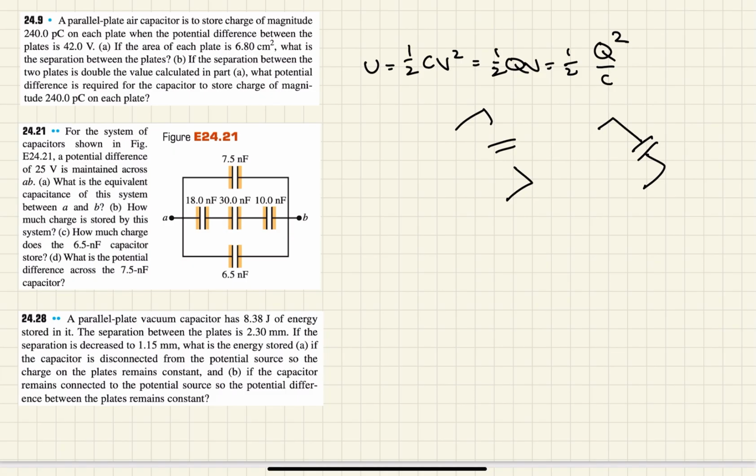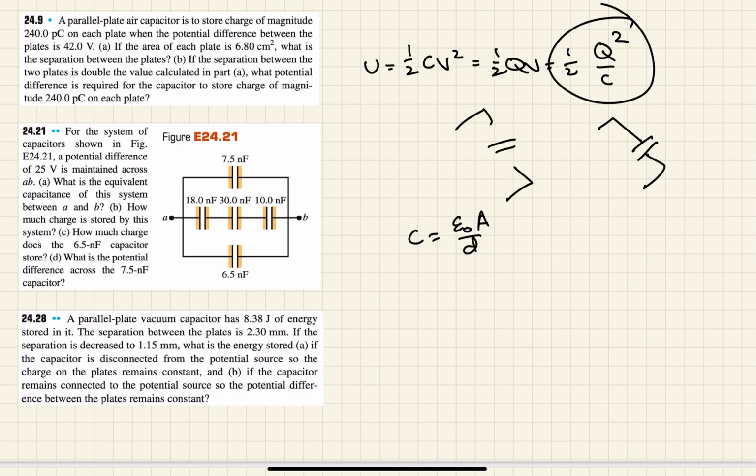Important to know here. So in part A, charge is kept fixed because it's constant, but separation distance is halved. We know C is equal to epsilon naught area over distance. If you halve the distance, you're multiplying the capacitance by 2, so C is now twice what it was before. Now we use the formula with Q because voltage can vary, so we don't want V in the formula.